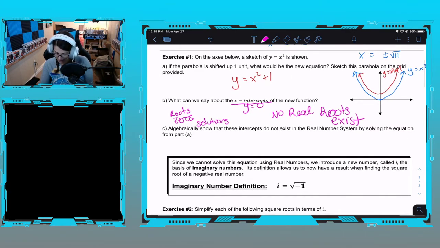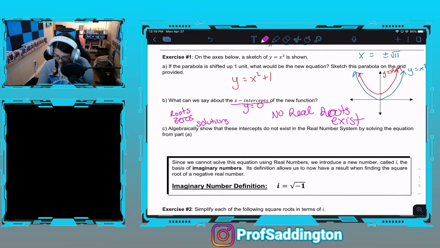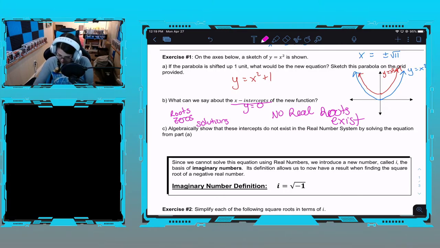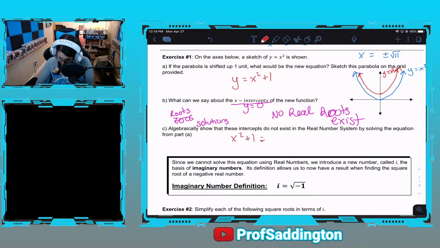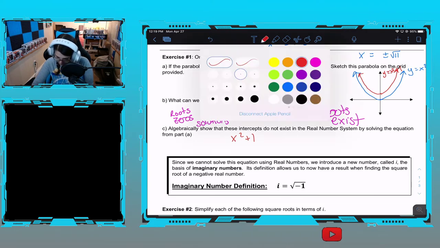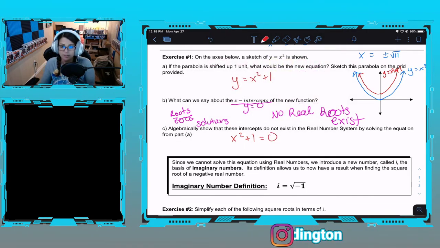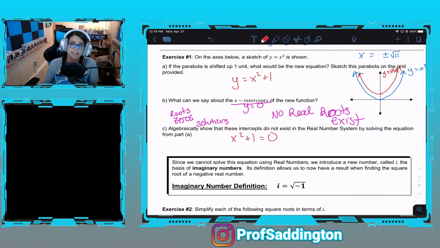All right. It says, algebraically, show that these intercepts do not exist in the real number system by solving the equation from part A. So I'm going to take x squared plus 1 and set it equal to 0, just like we did in the top section.